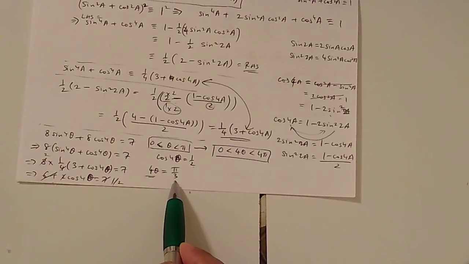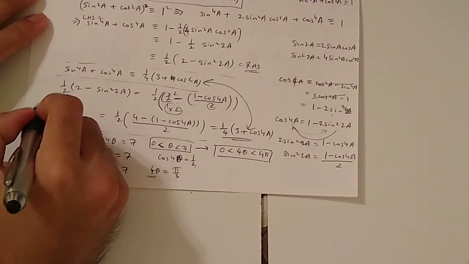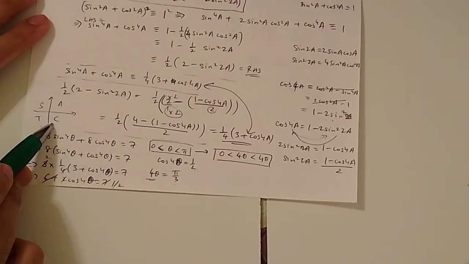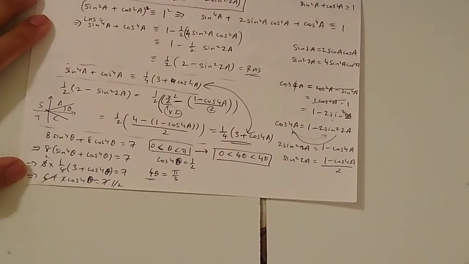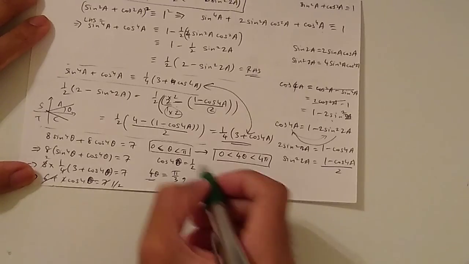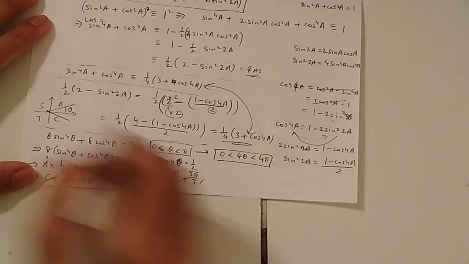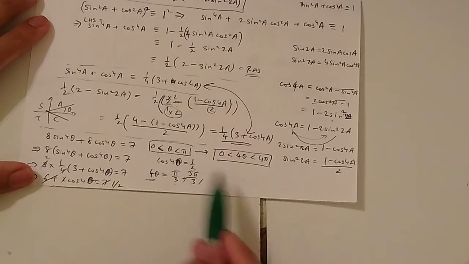The second answer, if you remember the ASTC diagram, is going to be in the fourth quadrant. If you have theta, the second answer is going to be 2 pi minus theta. So 2 pi minus this answer is going to be 5 pi by 3. We get two answers. The rest is going to be simply add 2 pi to both of these.